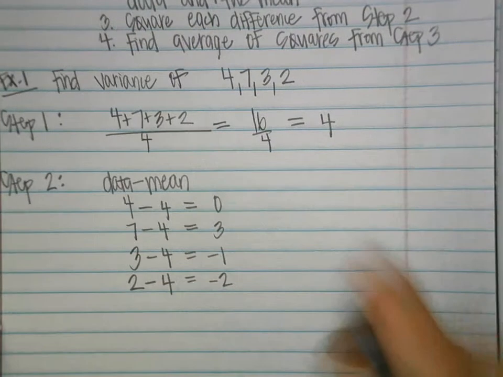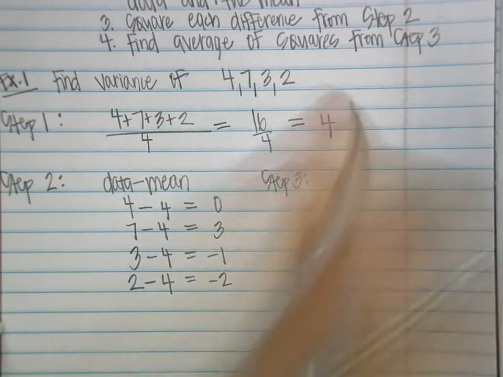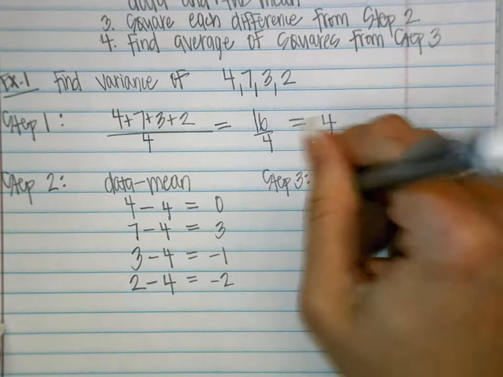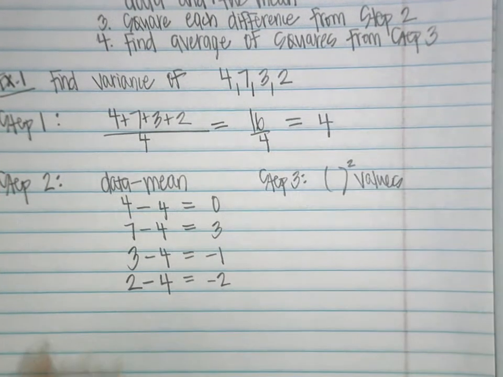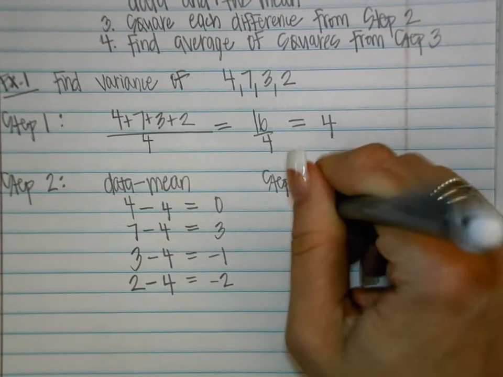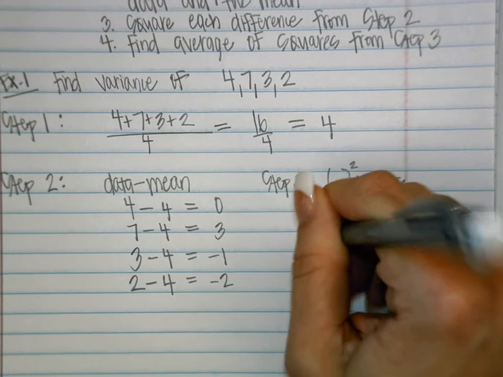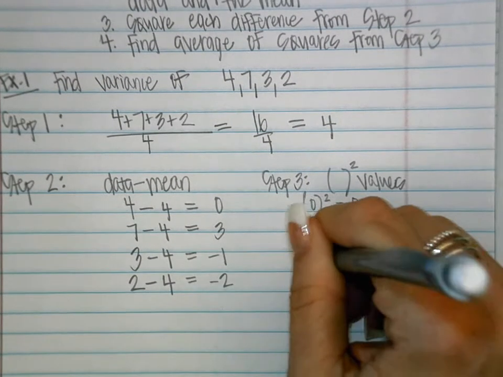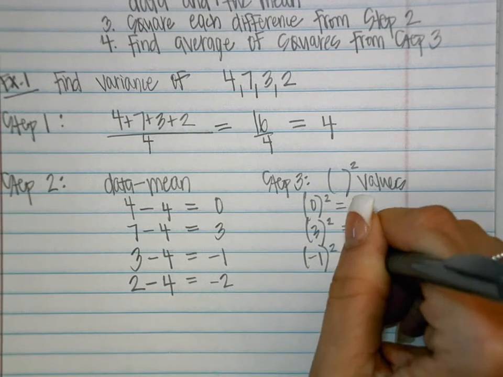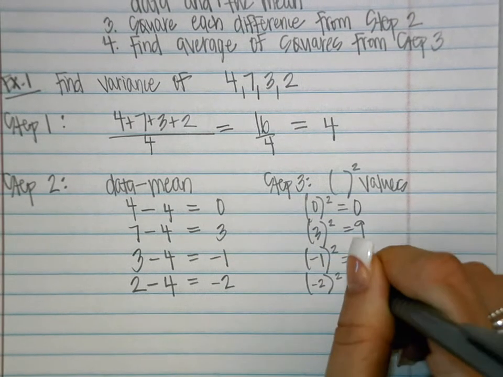Once you get those, you're going to go to step 3, and step 3 is you're going to take the square of those values. So 0 squared gives you 0. 3 squared gives us 9. Negative 1 squared equals 1. And negative 2 squared will equal 4.